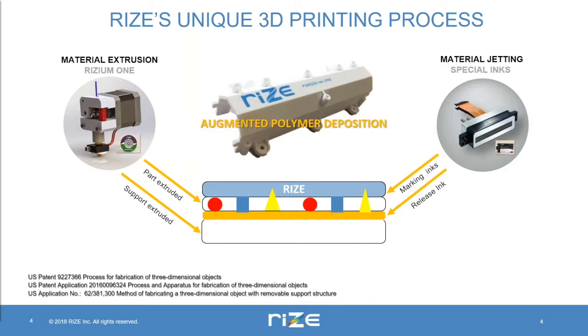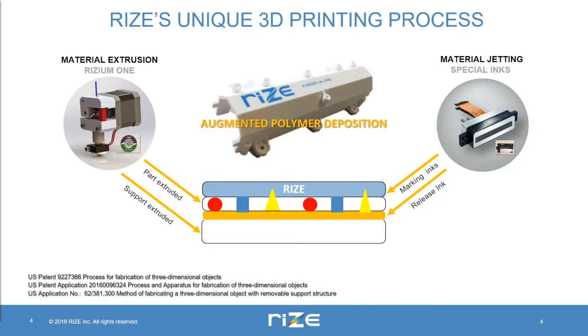One is material extrusion, in which thermoplastic material is extruded through a heated nozzle, and layers of an object are essentially drawn in plastic onto a build plate layer by layer. The second technology is material jetting, or ink jetting, which is using the same type of technology that you would find in many 2D printers, wherein fluid inks are jetted out of a printhead as it passes over a part.